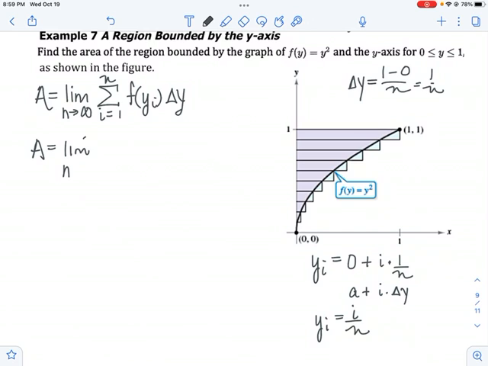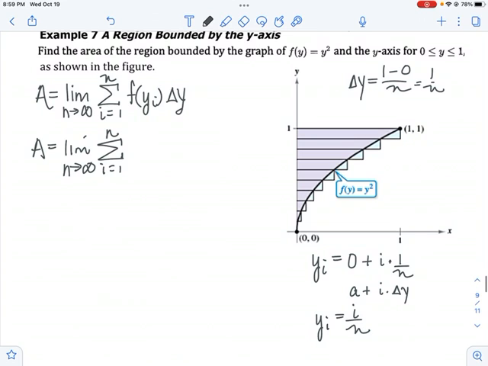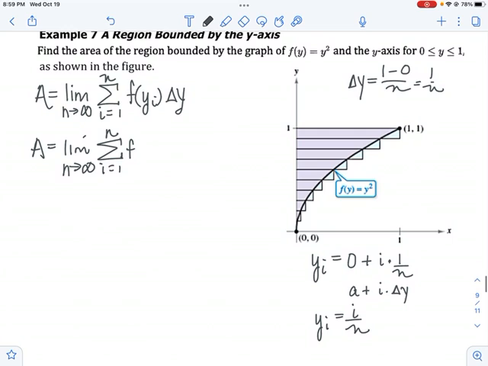So then we've got our area is equal to the limit as n approaches infinity of the summation of f of y sub i, 1 to n. So this is going to be f of i over n times 1 over n, your delta y.